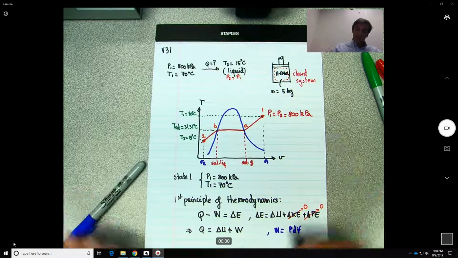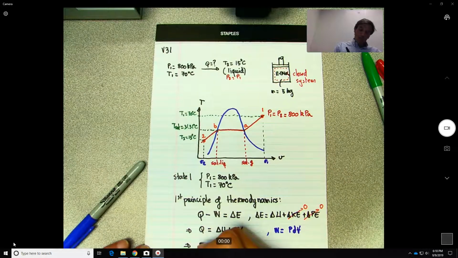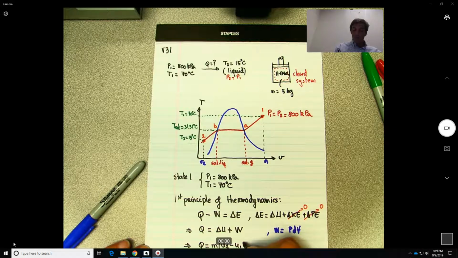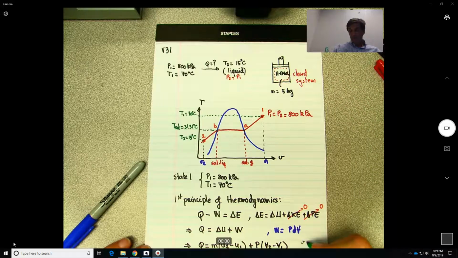Alright, so over here, if we rewrite this in terms of specific volume, we'll have m, mass, times specific internal energy, U2 minus U1, plus work done at constant pressure will be equal to P times V2 minus V1. But you know that the specific volume equals volume over mass.